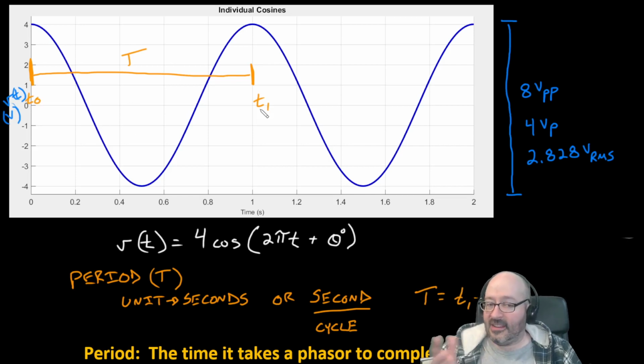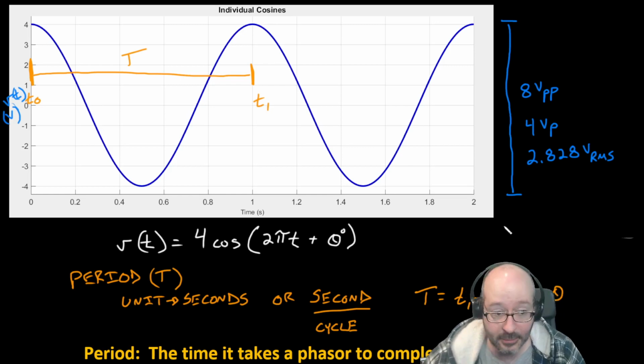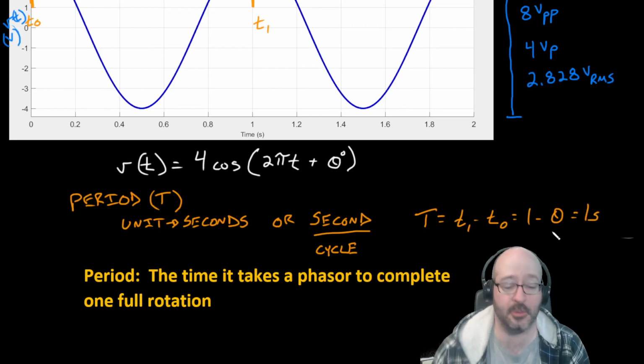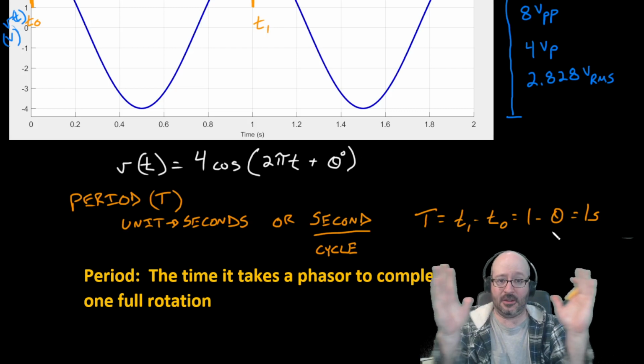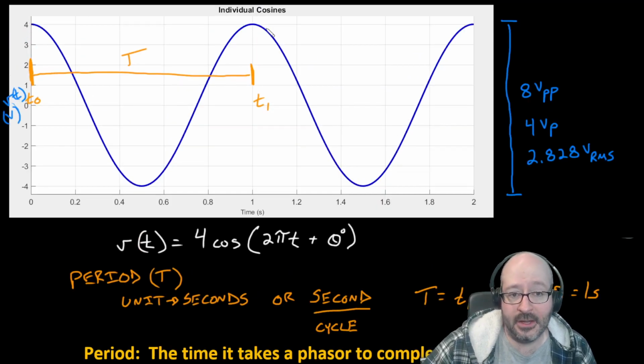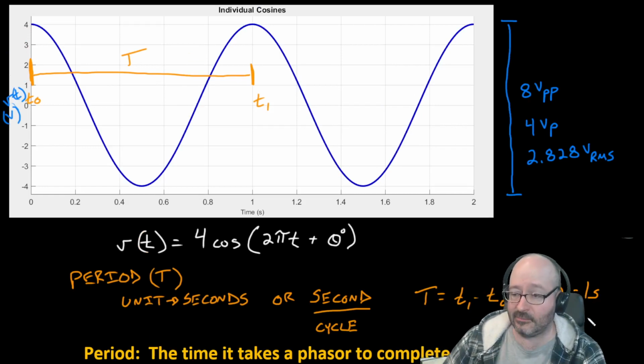In this example, that's 1 minus 0, and it's going to be 1 second. Just for this example. That's going to change with different waveforms because it's all going to scale. So we went from positive peak to positive peak, and we found that we had a period of 1 second.